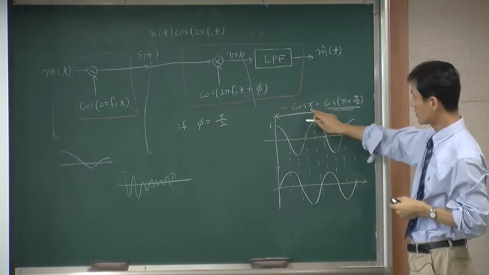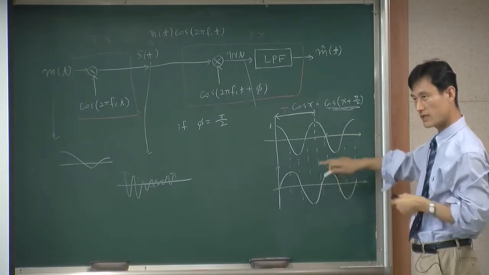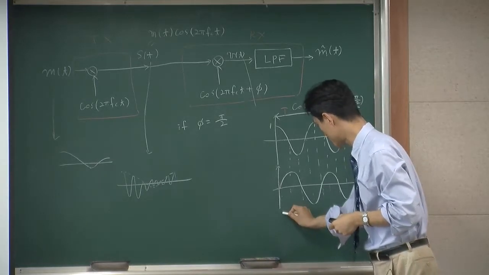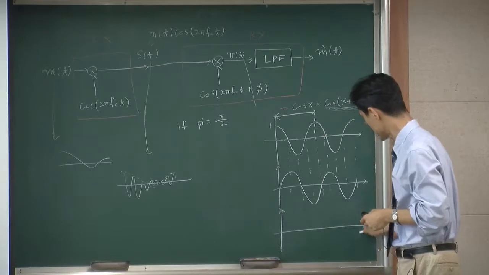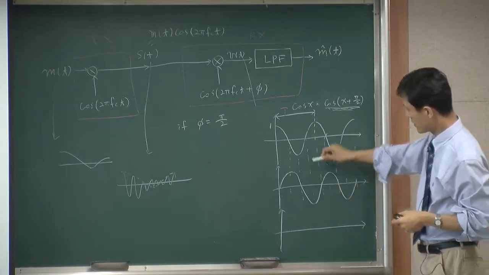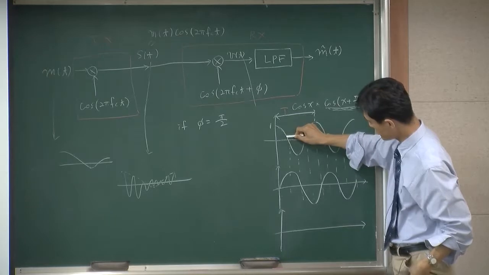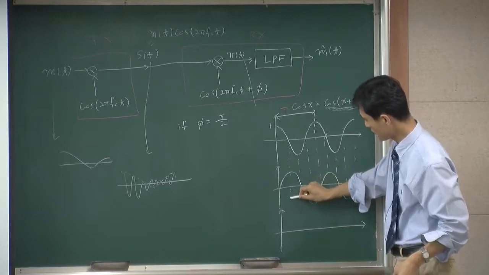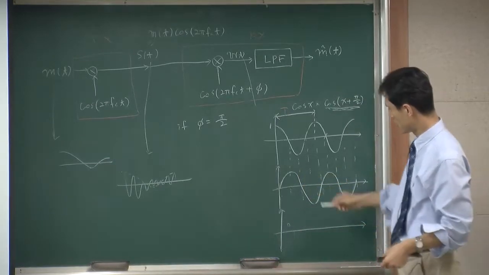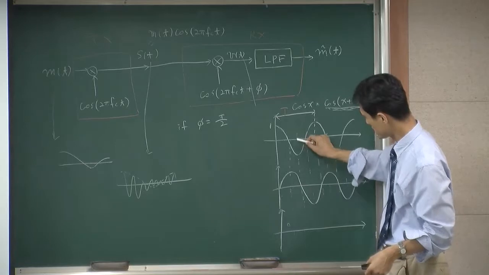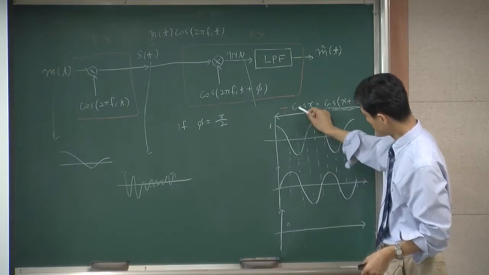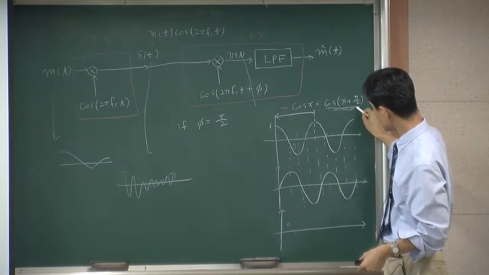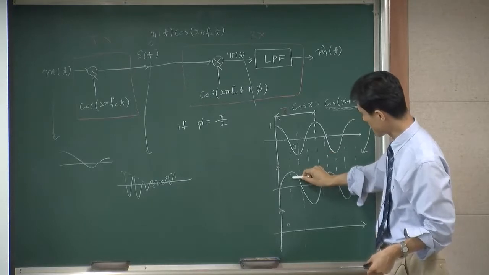And what you want to do is multiply these two. Let's multiply these two and see what happens. When you multiply these two, right here we have a positive, and this 90-degree phase difference one is still positive. So somewhere in here we get a positive value. Right here on the next, the original cosine x has a negative value, but this cosine of x plus pi over 2 has a positive.